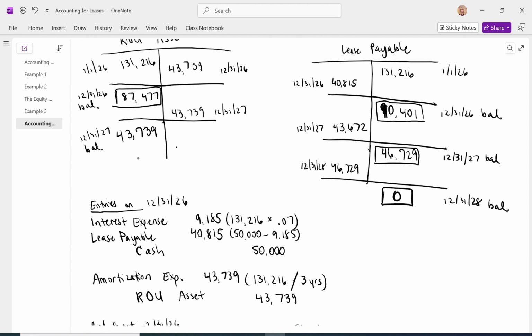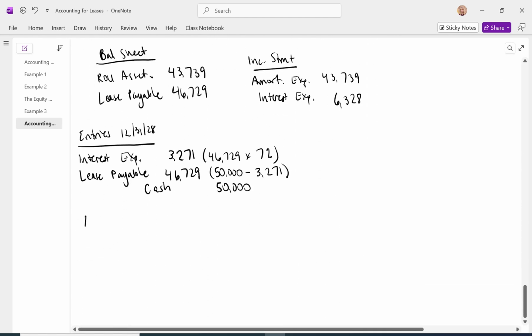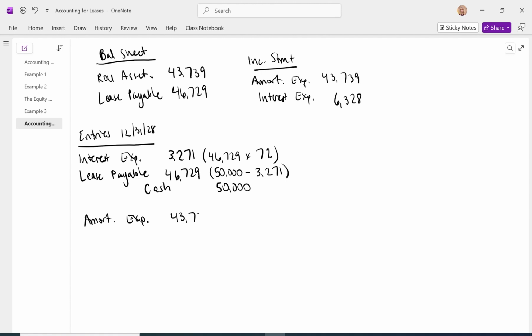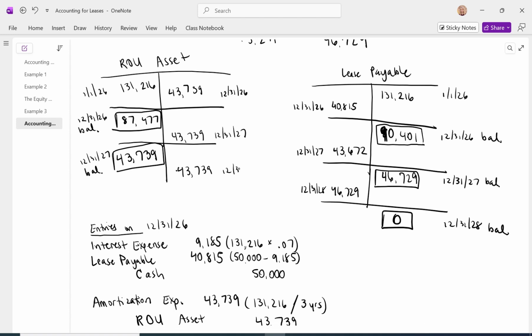It's the end of the lease term. I need to record my last amortization on that right of use asset. And post this entry. This is my balance. And it's exactly what we want.